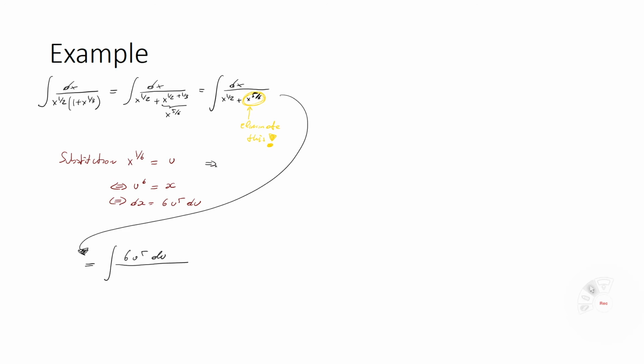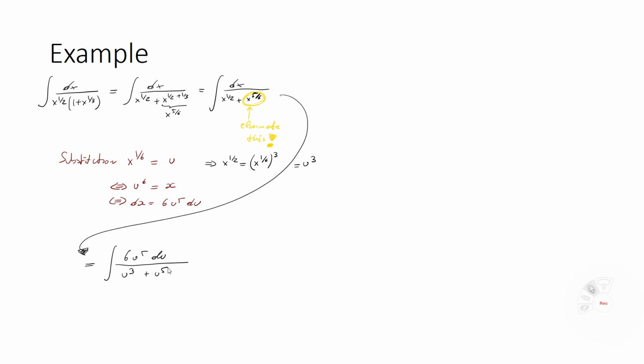So from this I can also derive that x to the power 1/2 is x to the power 1/6 to the third, so that is u to the power 3. So now we substitute u to the power 3 for x to the power 1/2. And then 5/6, that's plus u to the power 5.